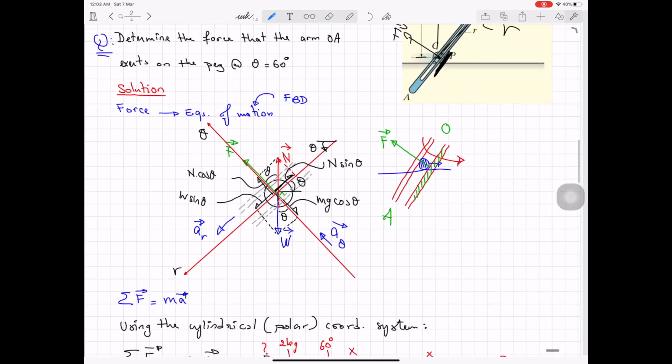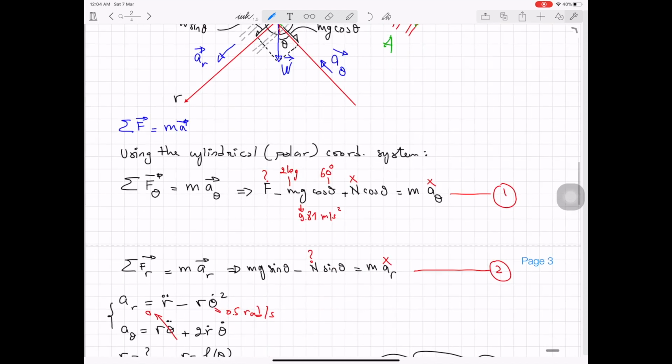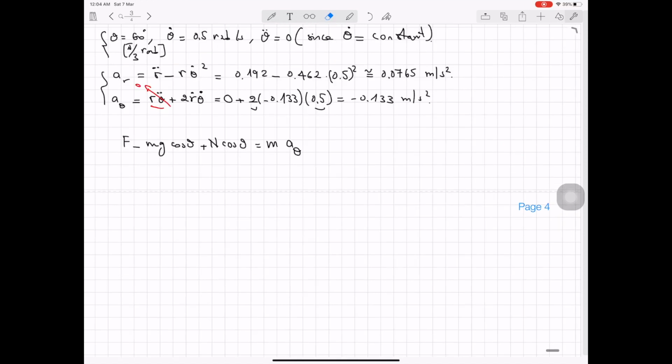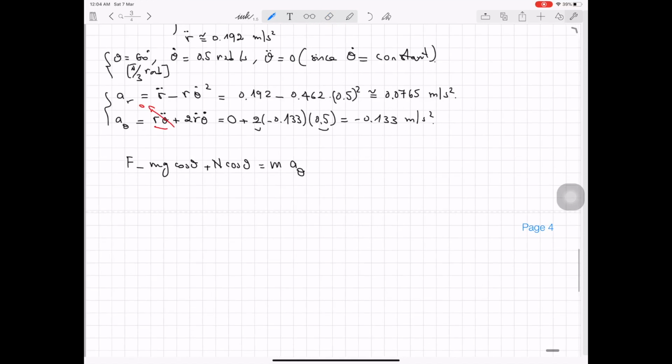So let's go back and look at the equations. So we have equation 1. Let me copy this equation here, and we also need to bring the other equation.